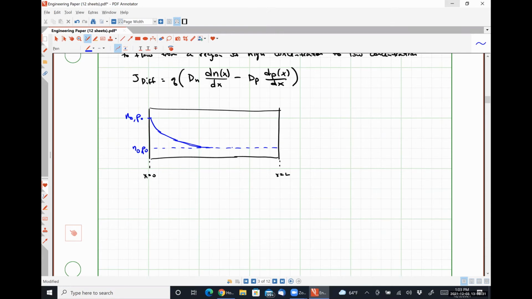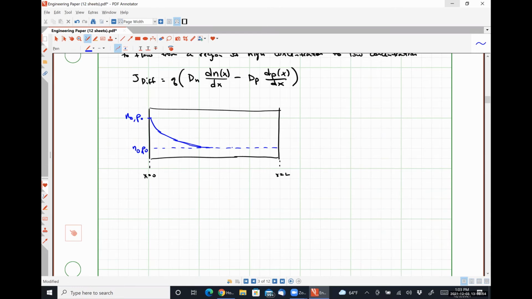So effectively, this would be a situation where we are shining a laser or something like that on one part of a semiconductor crystal. And because of the good old Einstein and all that kind of good stuff, we're going to see that electron hole pairs are generated because of the photoelectric effect, right?